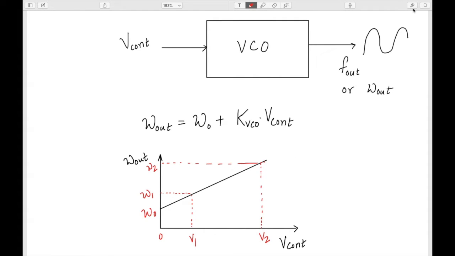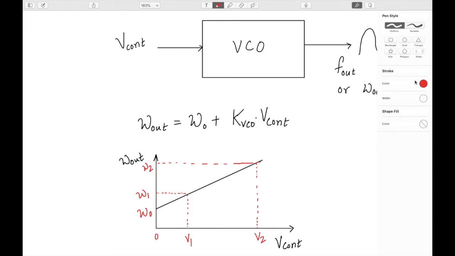In the actual sense, the VCO is limited by a range. It cannot of course generate any frequency. Ideally it is supposed to, but in real life it is restricted to a range of omega 2 to omega 1, and the control voltage varies from V2 to V1.